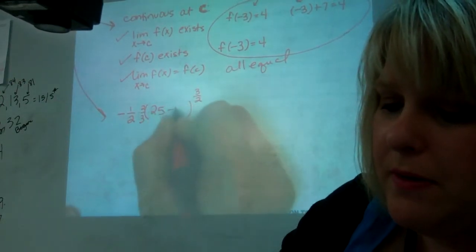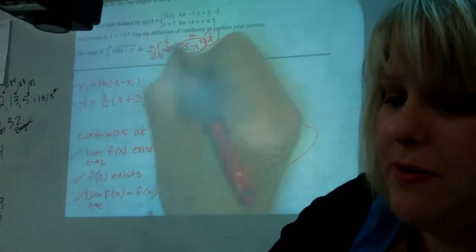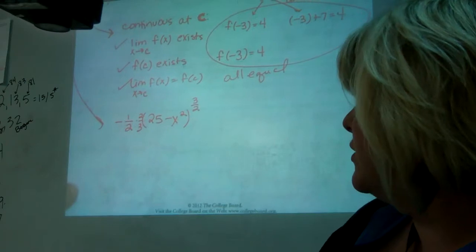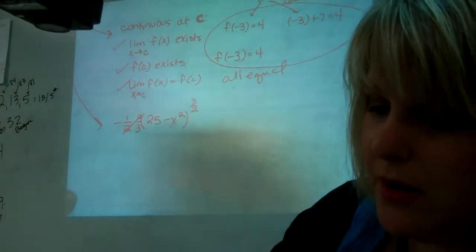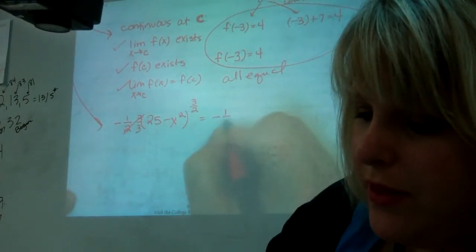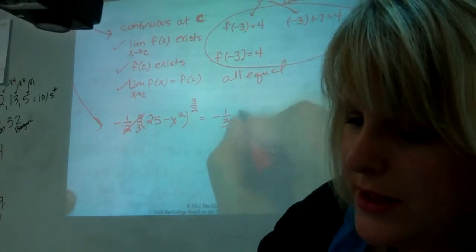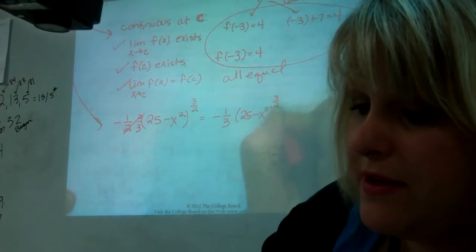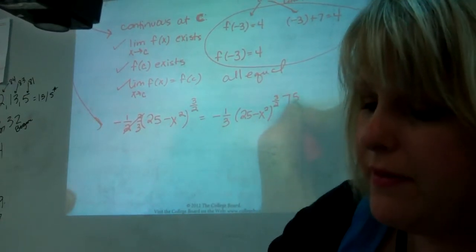I leave the u on the inside. And then the negative 2x dx go away when I integrate, because they're part of the derivative. And when you integrate a derivative, it cancels out. So we've got negative 1/3 times 25 minus x squared to the 3/2. And we're going from 0 to 5.